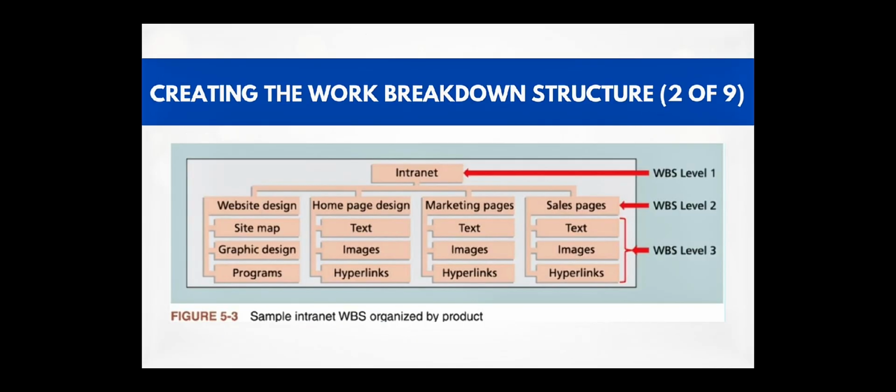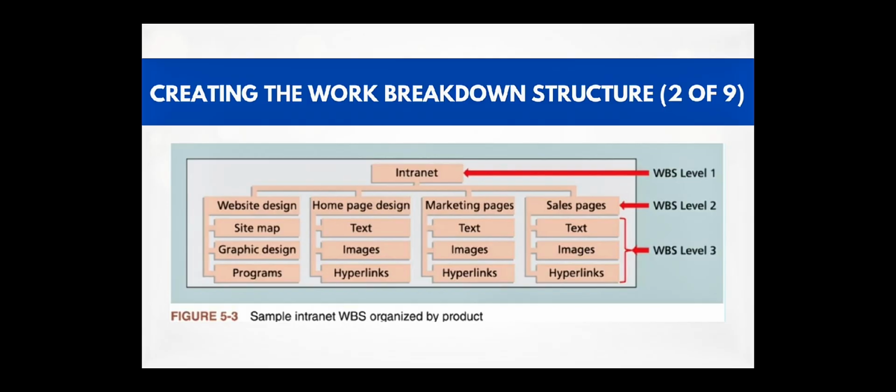This table, figure 5.3, shows a work breakdown structure for an intranet project. The top box labeled intranet represents the entire project, and it is called level 1 of the work breakdown structure.